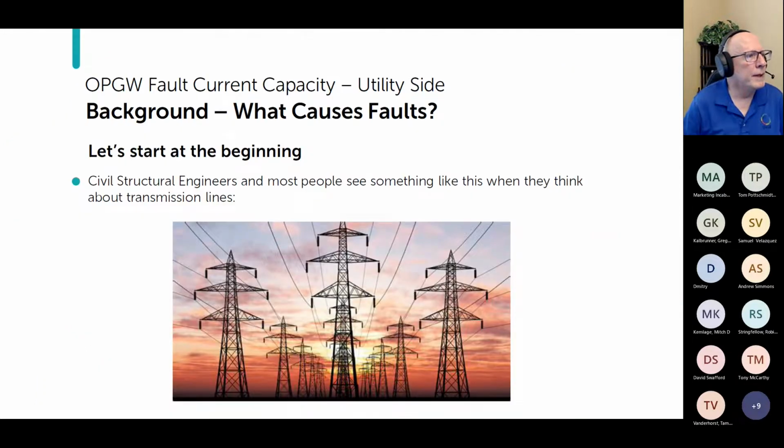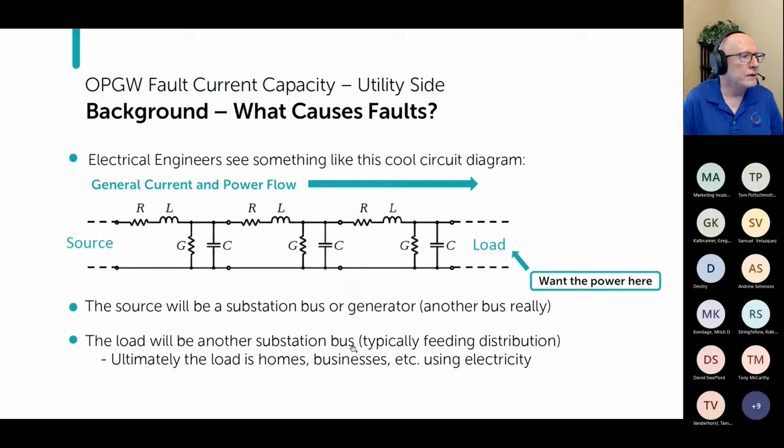To begin with, let's start at the beginning. When you think of a transmission line, most people, and civil structural engineers in particular, see something like what you see here in the picture. But to an electrical engineer, and I'm an electrical engineer by training, we see something like this circuit diagram.